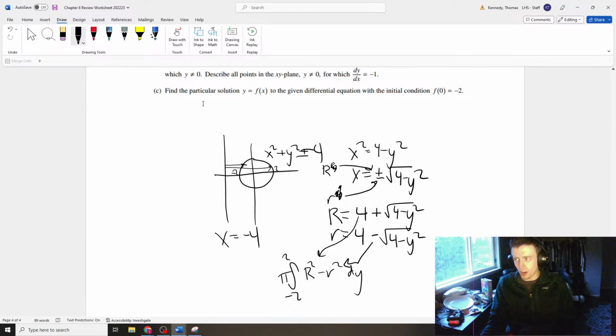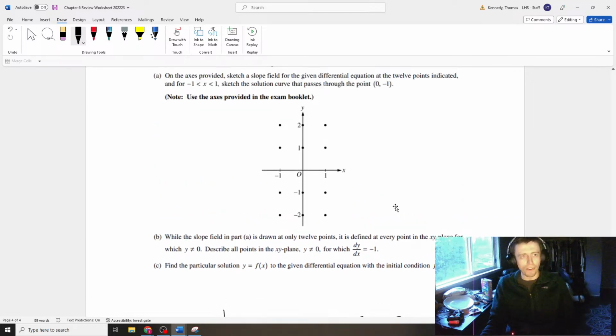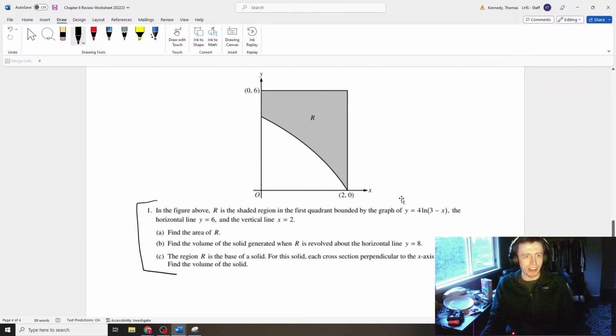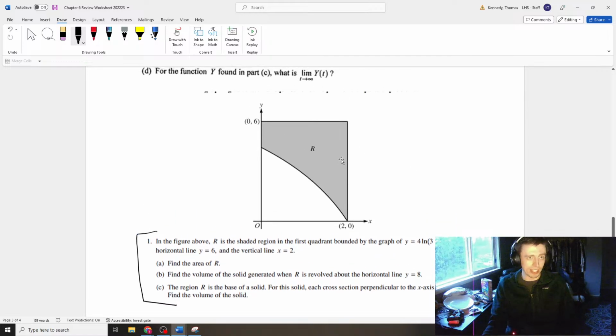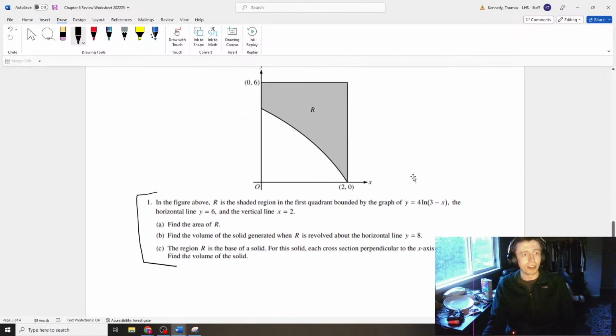Current viewers is dropping. Oh, the first example for your response. Oh, you want to see a volume one. Probably not going to solve all these all the way out because you get a calculator on the test. No, we chilling. Yeah, this has a wonky shape. True that. But okay, so if you want to find the area, all you do is 6 minus height of the natural log.